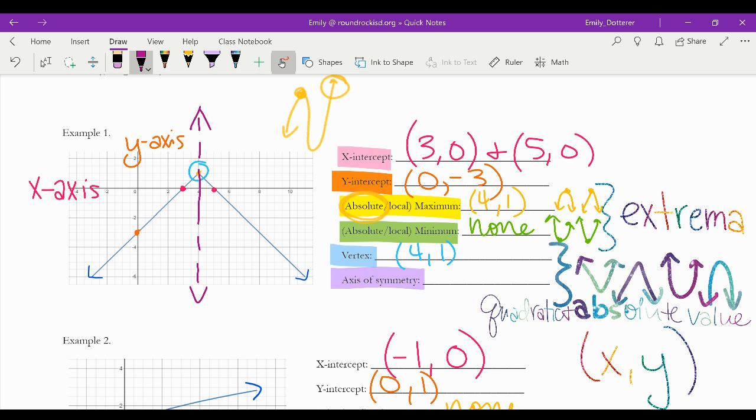So like how these two lines look the same, but they're going in opposite directions. That's what the axis of symmetry shows us. Because it is a line, it is an equation. We will always have x equals, and then it's the x value from the vertex. Every single time x equals, and then whatever the x value of the vertex is.